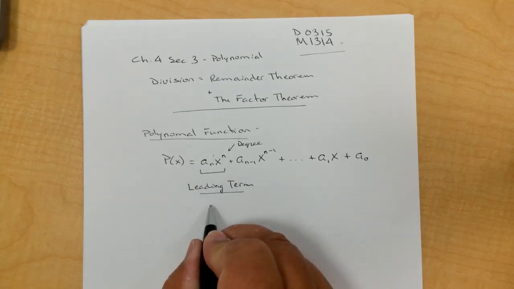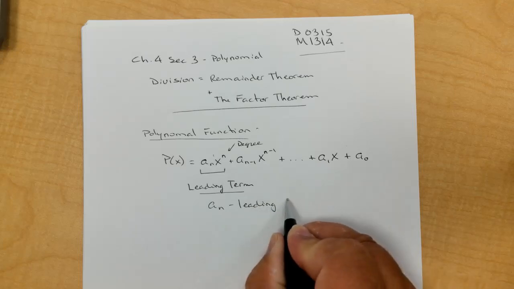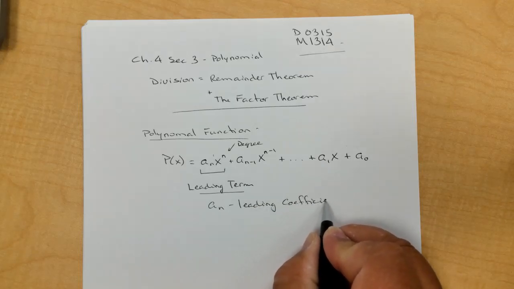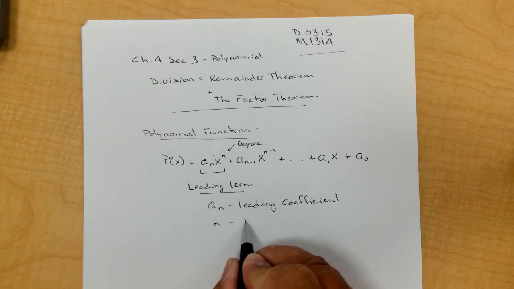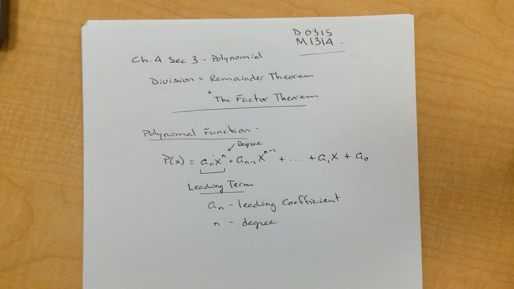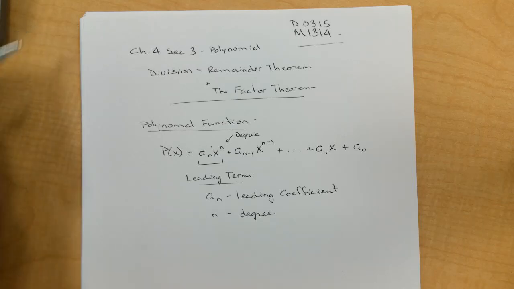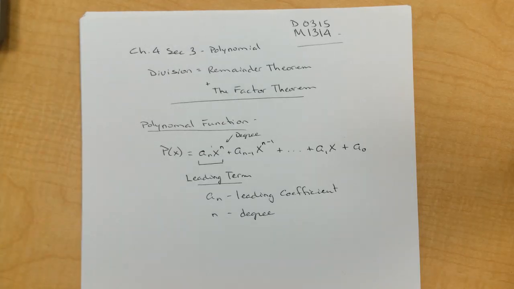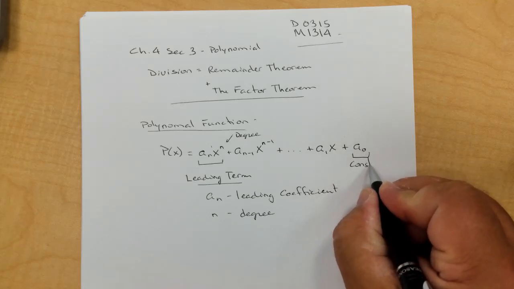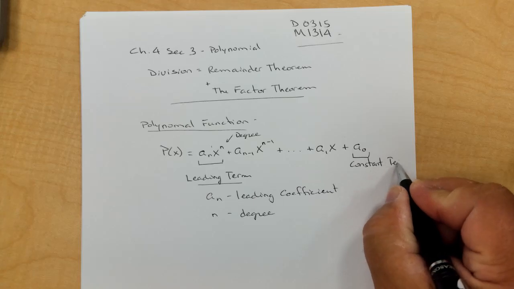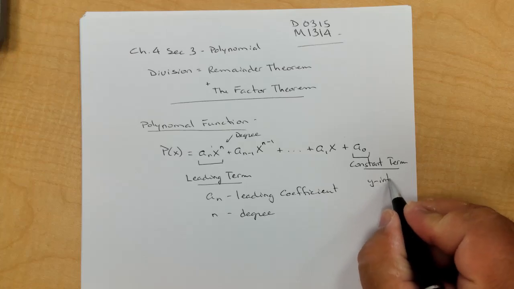The leading term is made up of a coefficient and a degree. And the last term, the constant term, all it tells us is our y-intercept.